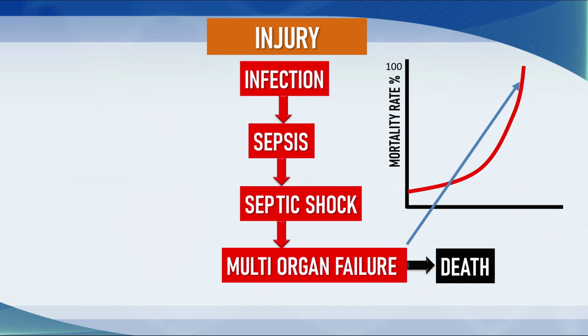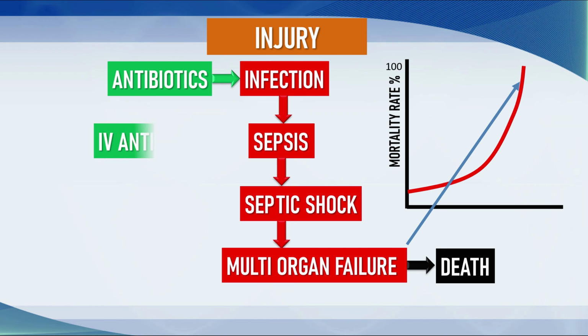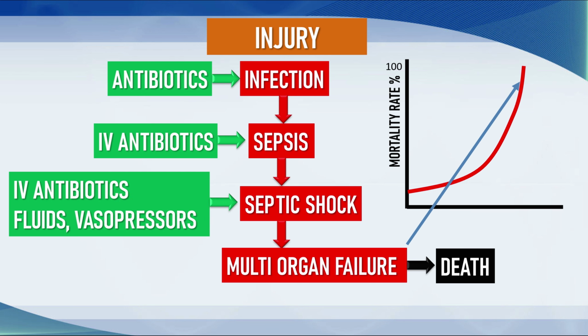So how do we manage this? Well, for infection, usually we give patients oral antibiotics. That's what our patient with the inflamed arm was given. But they're not always effective enough because of tissue penetration problems. And that's why when patients develop sepsis, they must be given intravenous high-dose antibiotics. If the patient develops septic shock, they're given intravenous antibiotics, they're given intravenous fluids and vasopressors.